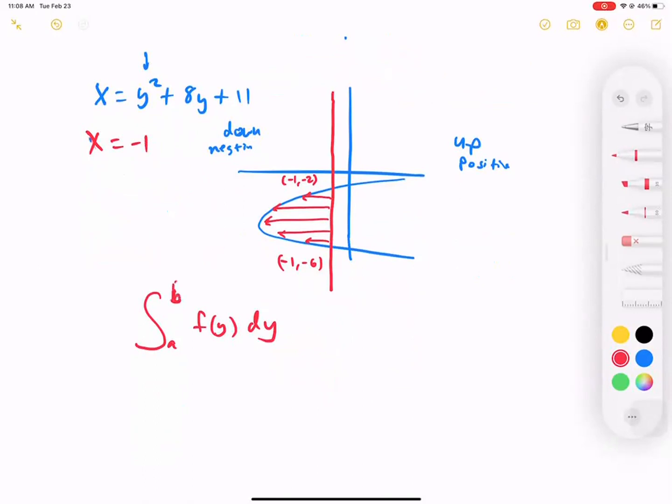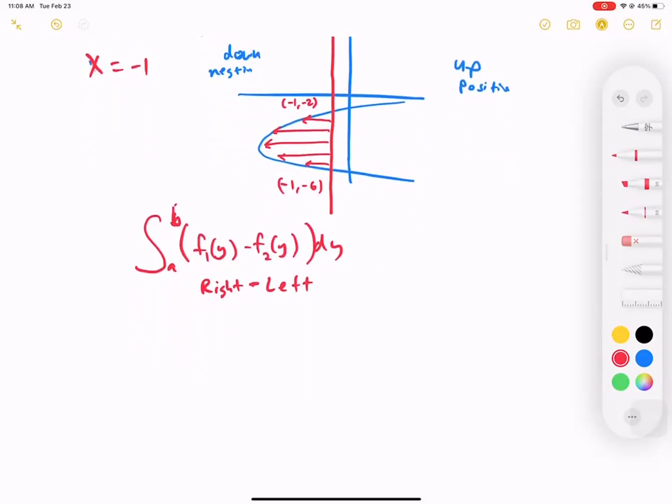Actually, you know what? I'm sorry. Let me make a mistake here. It's f of y, let's say f1 of y minus f2 of y dy. Okay, so very similar to what we did before, except what we're going to say is right minus left.